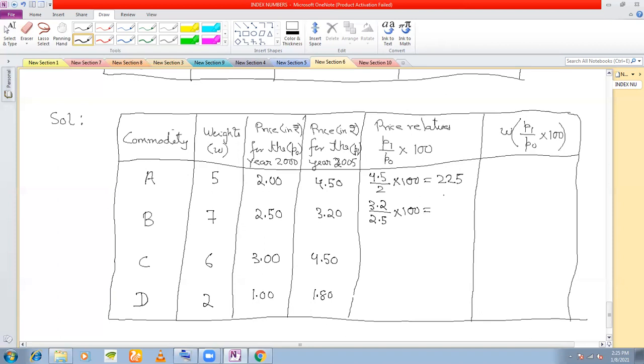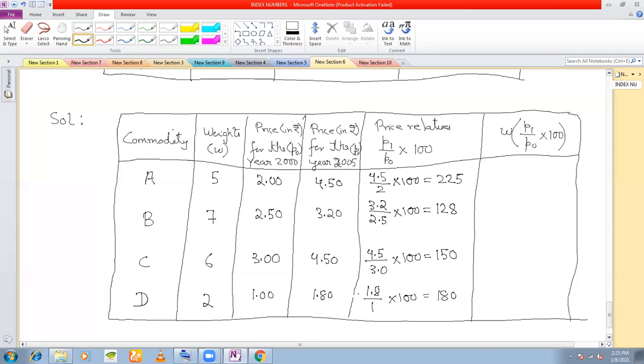And you will calculate this to be 128. Next 4.5 divided by 3.0 into 100. And you calculate this to be 150. 1.8 divided by 1 into 100. Let's calculate this to be 180.